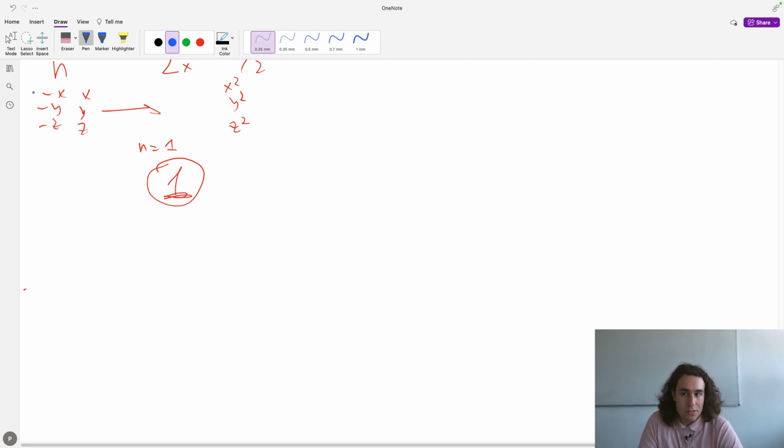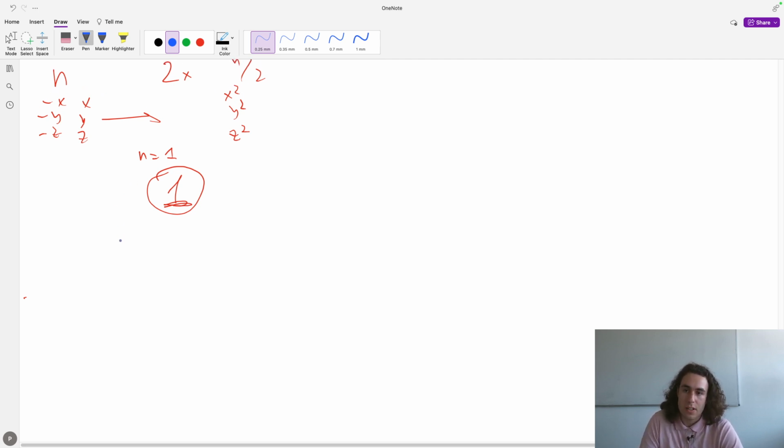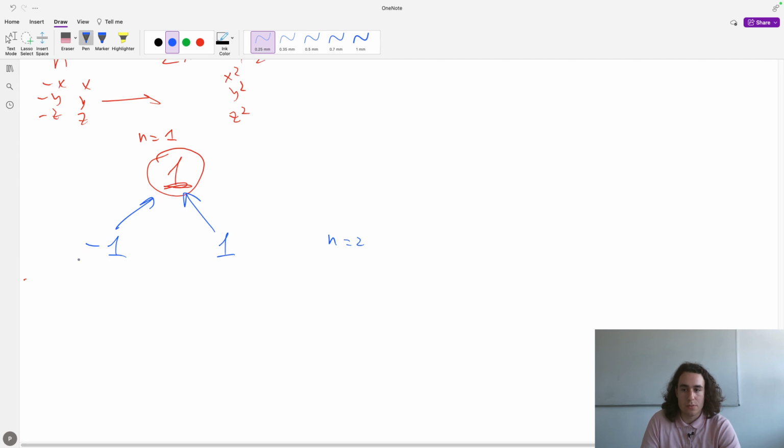On the previous level, we need two numbers such that if we square them, we get 1, right? So we need a positive negative pair, x, minus x, such that when we replace them by x squared, we get 1. So we need minus 1 and 1. These are the points that we use for n equals 2.